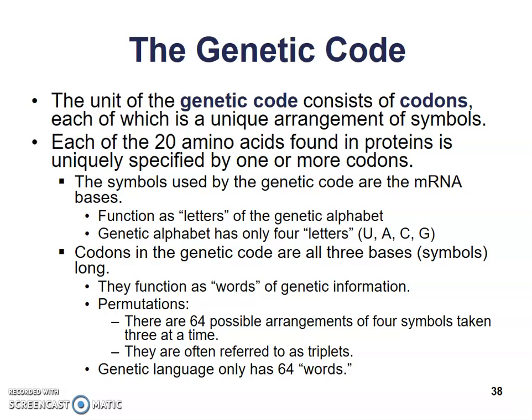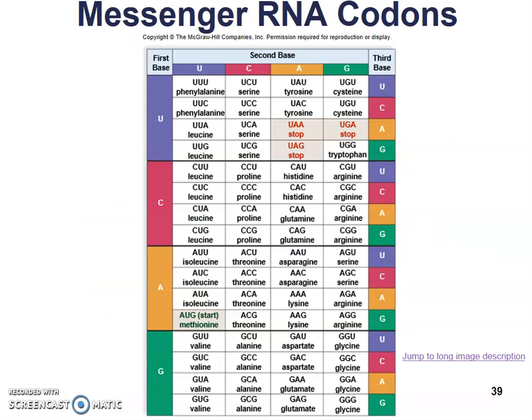Permutations. There are 64 possible arrangements of the 4 symbols, taken 3 at a time. They are often referred to as triplets. The genetic language only has 64 different words. And those words each code for a different amino acid. So this is a table that is used to figure out what amino acid is being represented by each triplet.